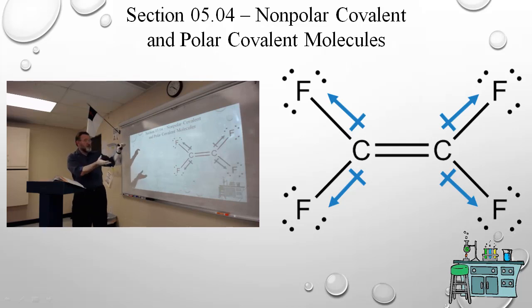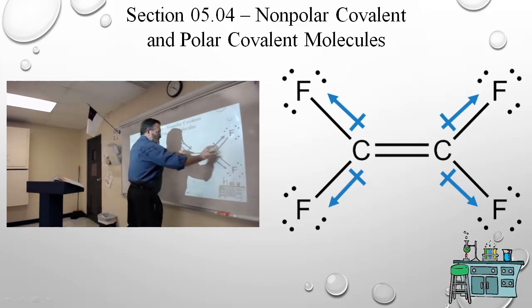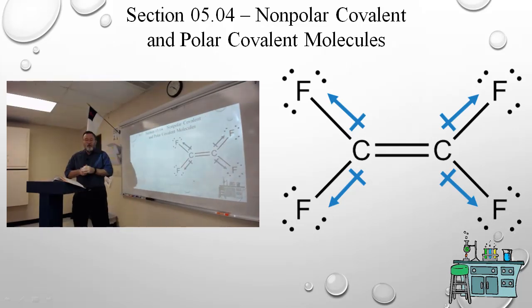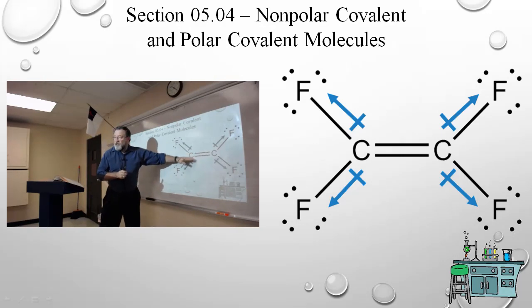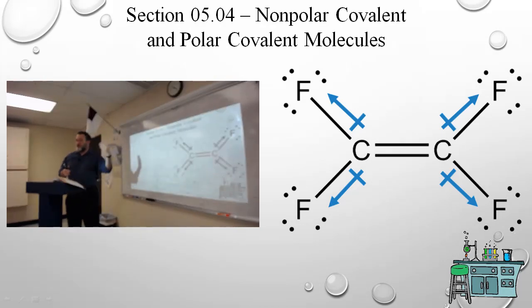Now hopefully you're looking at this in 2 dimensions, but recognize that this is also the same thing in 3 dimensions because we have 2 trigonals bonded together. We have a nonpolar double bond in the middle, meaning the carbons share those electrons evenly. Do you see the symmetry?